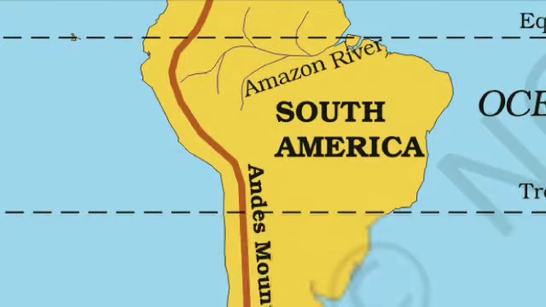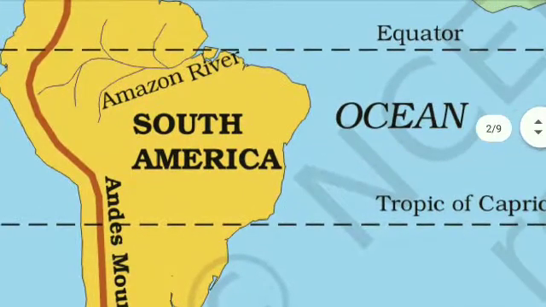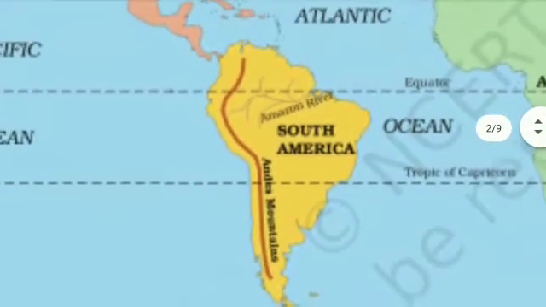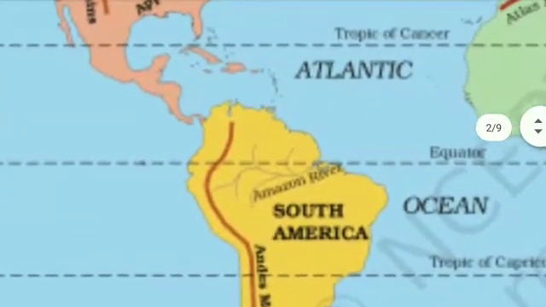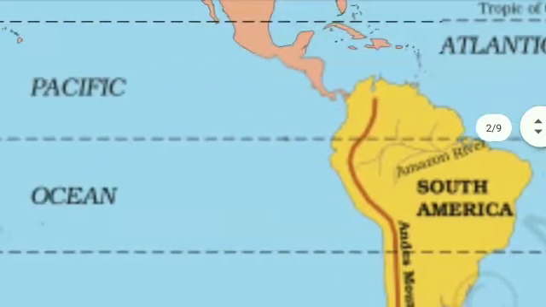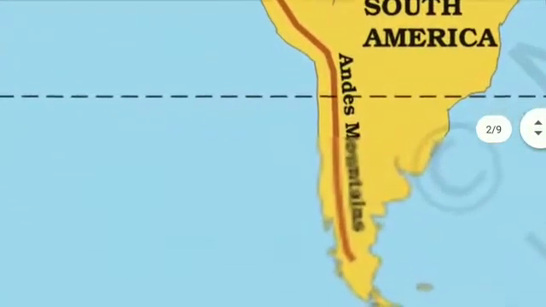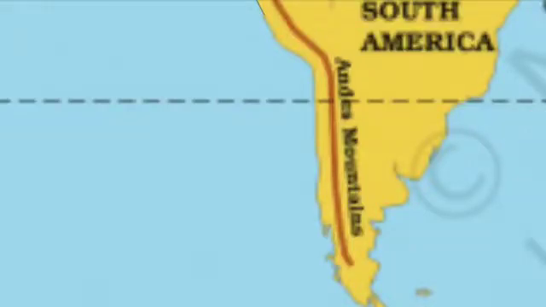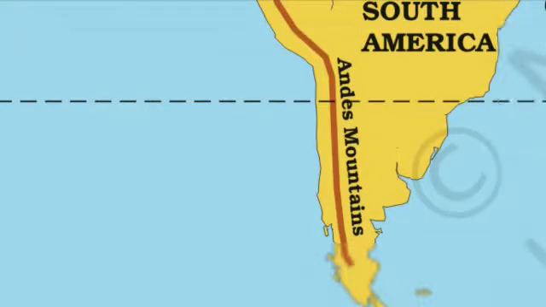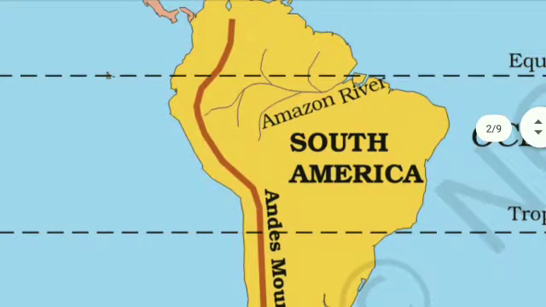This continent is surrounded by two oceans, the Atlantic Ocean and Pacific Ocean. The Andes mountain is the longest mountain range in the world, and the world's largest river, the Amazon, is in this continent.